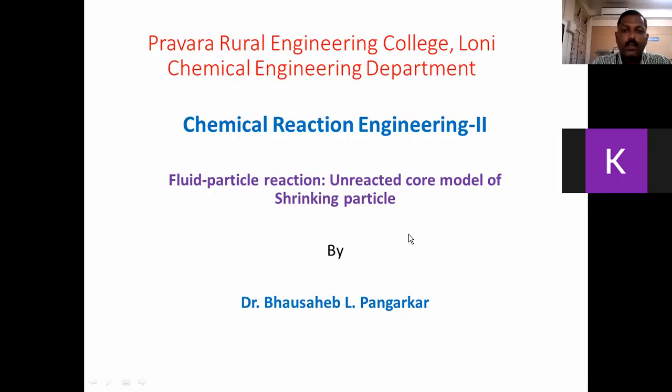In the shrinking particle core model, the size changes and the ash layer is absent. Only gas film control and surface reaction control will be there. So we'll see the detail.